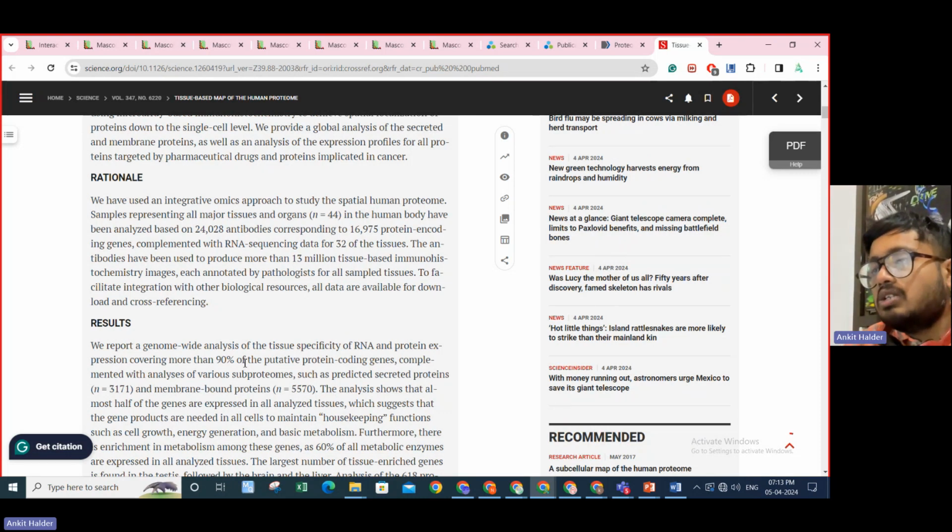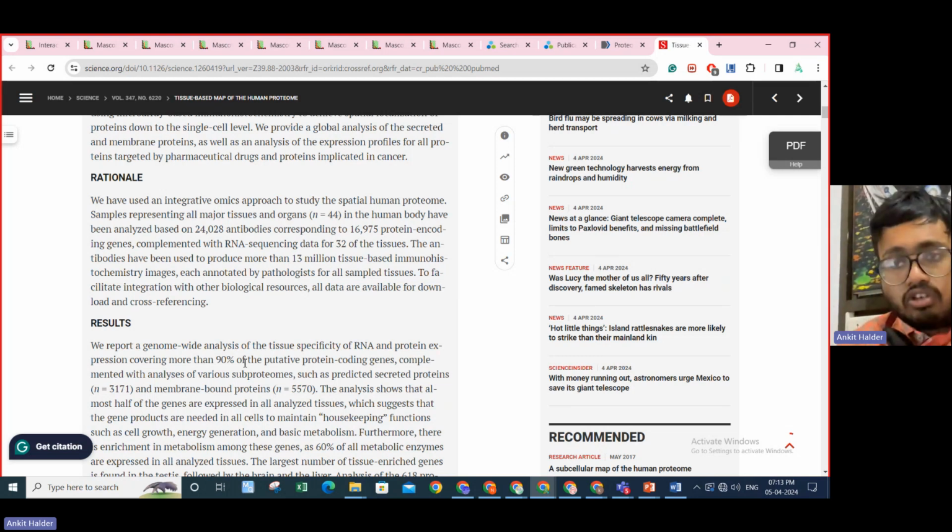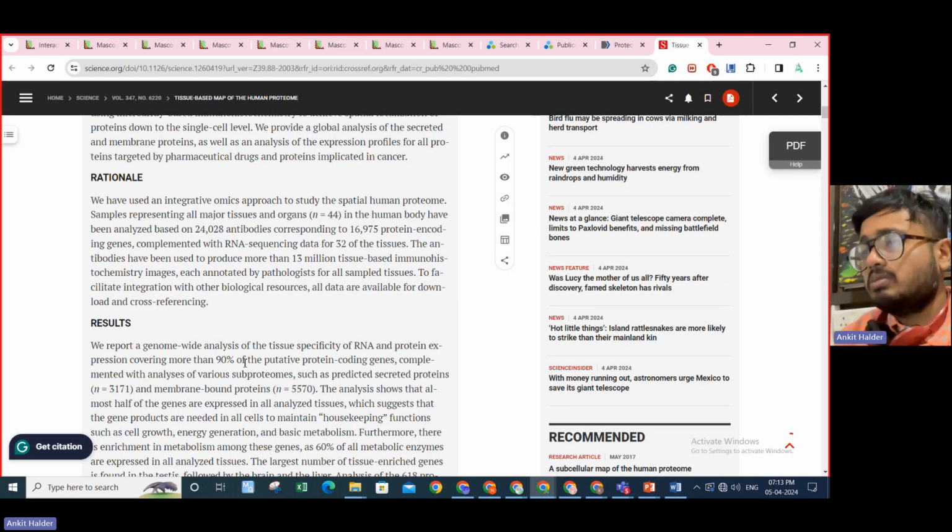We report a genome-wide analysis of the tissue specificity of RNA and protein expression, covering more than 90% of the putative protein coding genes, complemented with analysis of various subproteomes, including predicted secreted proteins and membrane-bound proteins. The analysis shows that almost half of the genes are expressed in all analyzed tissues, which suggests that the gene products are needed in all cells to maintain housekeeping functions such as cell growth, energy generation, and basic metabolism.